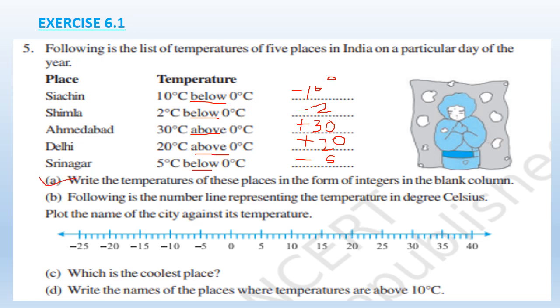Now see what the second question says. Following is a number line representing the temperature in degrees Celsius. Plot the name of the city against its temperature.